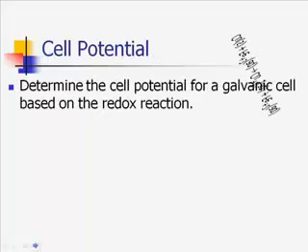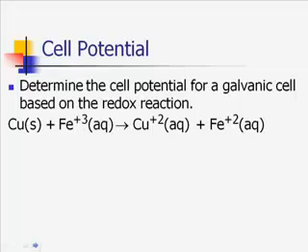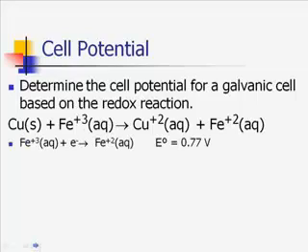I guess I talked ahead of my slides a little bit. Okay, here's another example. This one, we have the complete written reaction, and so we can see here that the iron is being reduced and that the copper is being oxidized.